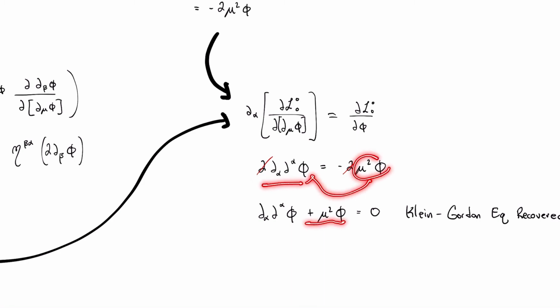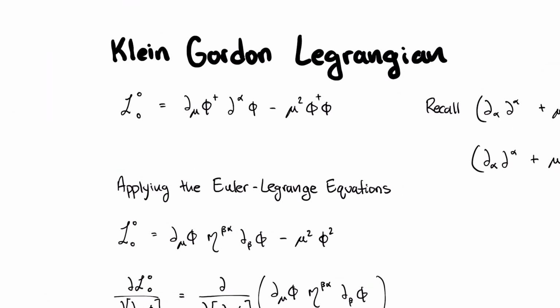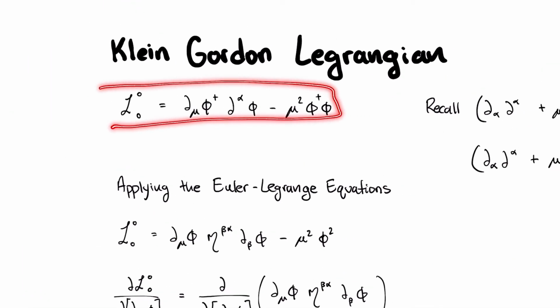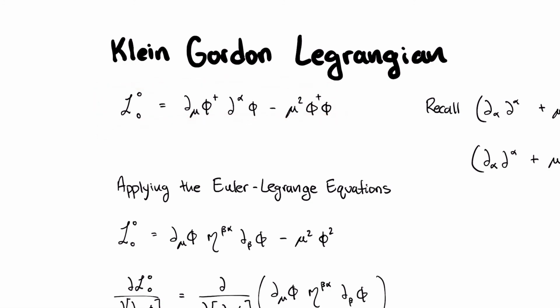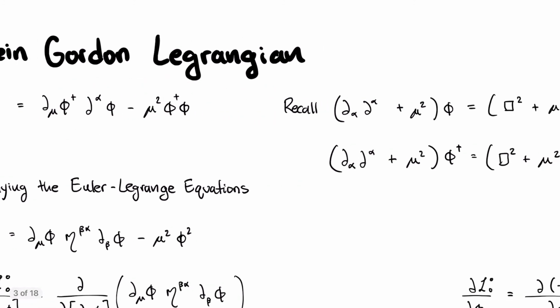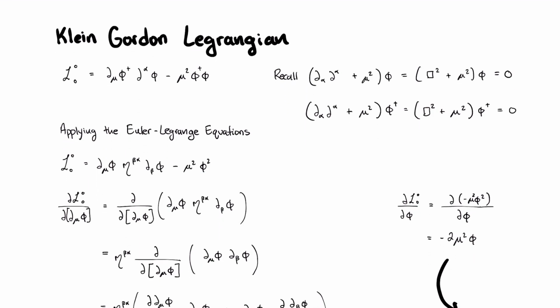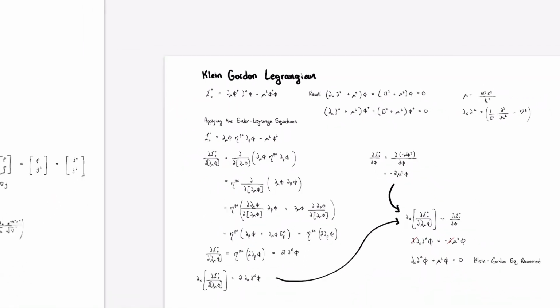We just move this guy to the side, and we change the sign to minus, and voila, we have our Klein Gordon equation. So that means that this right here is a valid Lagrangian to represent the dynamics of our Klein Gordon equation, which is right here. Okay? So that is the Klein Gordon Lagrangian.